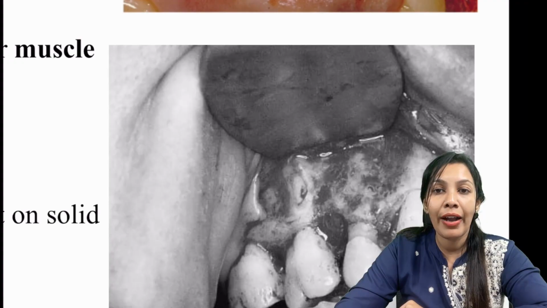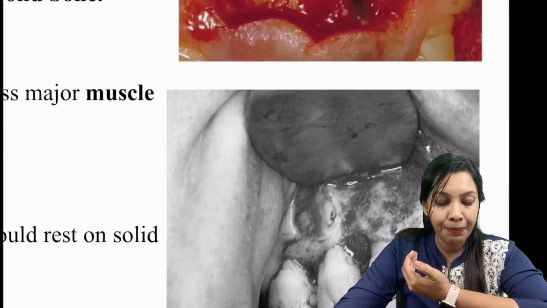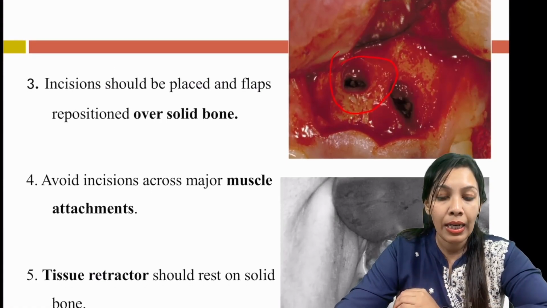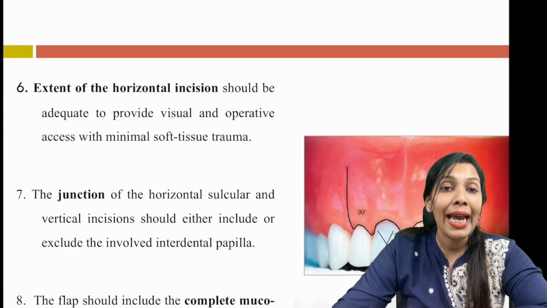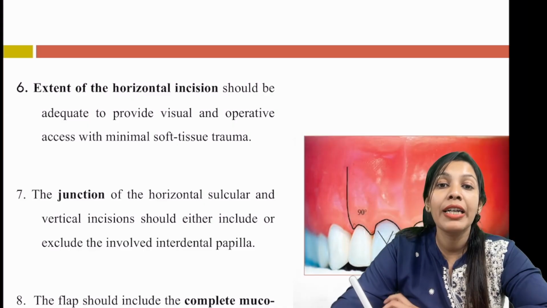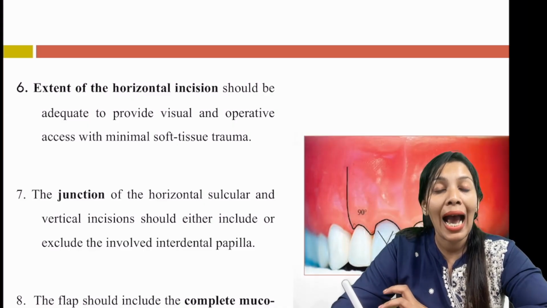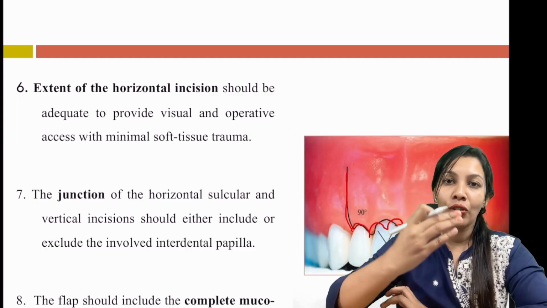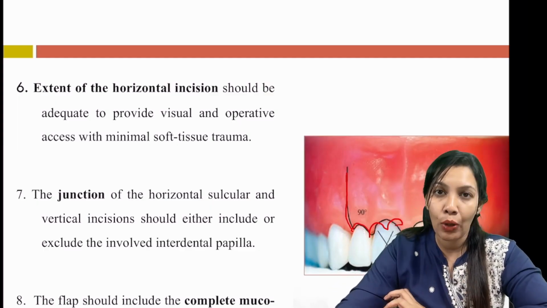Once we reflect the flap, the retractor should be seated on solid bone. Extent of the horizontal incision should be adequate to provide visualization and proper access. So once we make a horizontal incision, we should reflect it in such a manner that we can see that area properly.